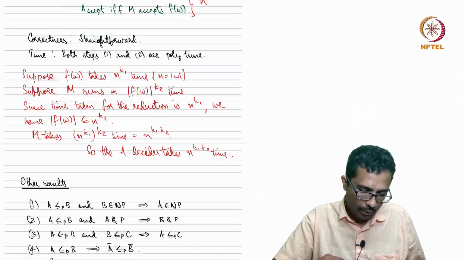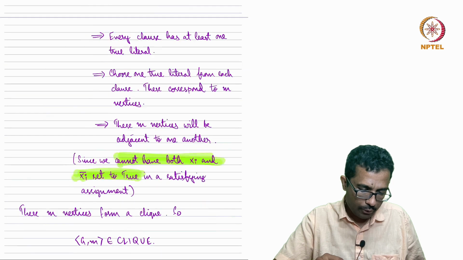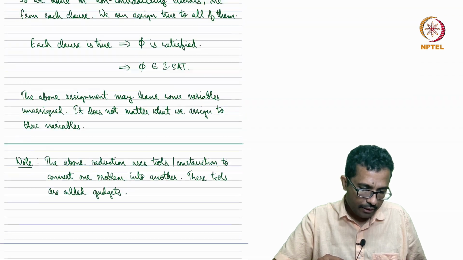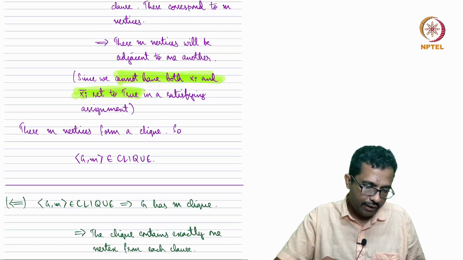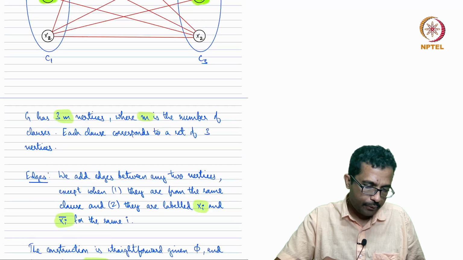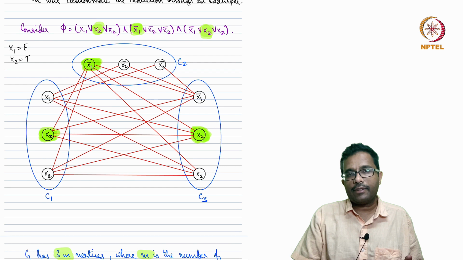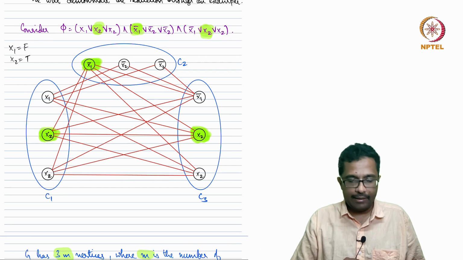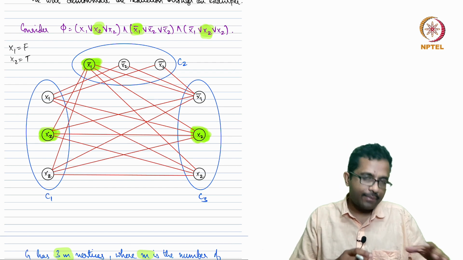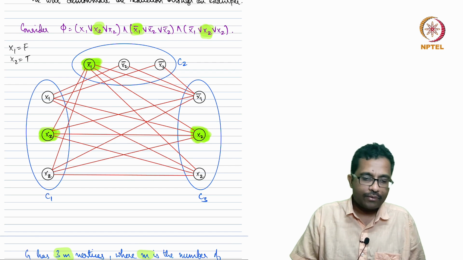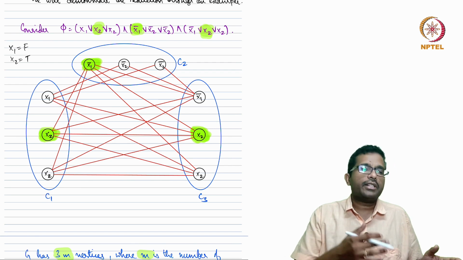And I just want to make one small remark before concluding. The construction that we had for showing that satisfiability reduces to clique has a certain pattern or structure to it, right?